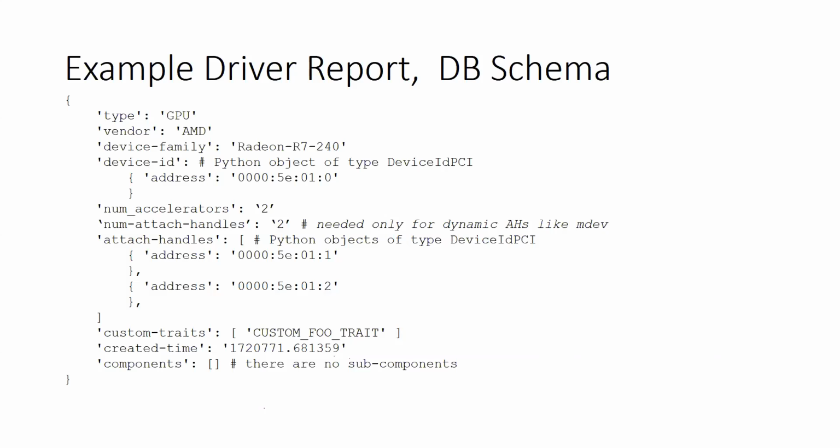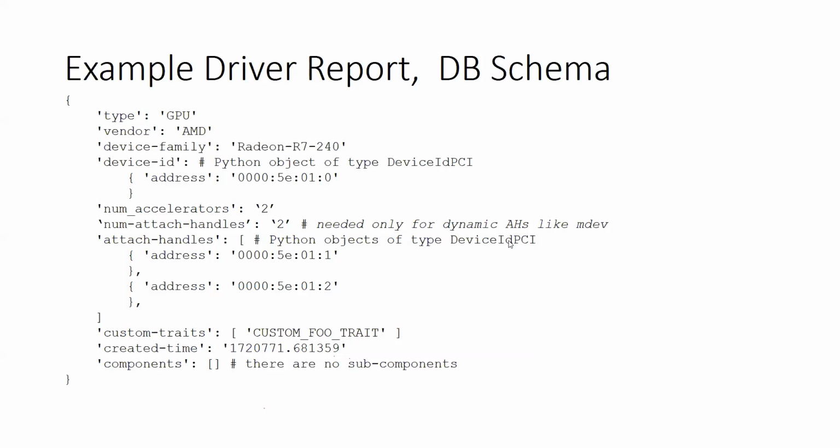And if this GPU contains, let's say, 2 vGPUs inside it, you can say num accelerators 2. And let's say it provides 2 attach handles, which are 2 VFs. This is an example with SRIOV, so it's going with VFs here. So the attach handles, however, is a list, and each one is a generic. Okay, I misspoke here.